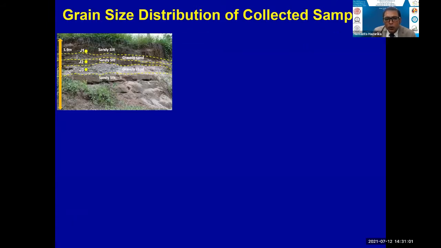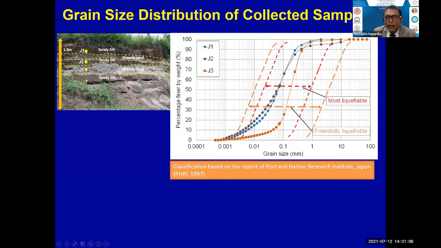Also, we collected some samples from different layers, J1, J2, J3, and based on the grain size distribution curve, we can say that most of the soils we collected are liquefiable, according to the standards given by the Port and Harbor Research Institute of Japan, for potentially liquefiable and most liquefiable soils.